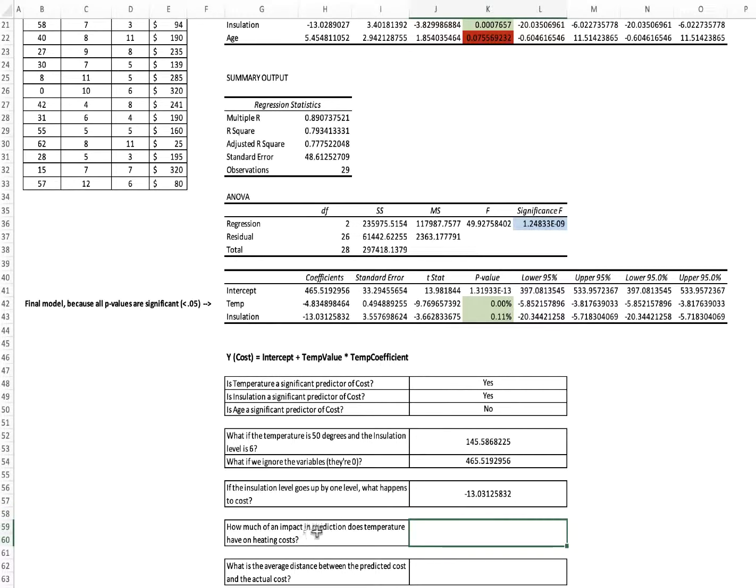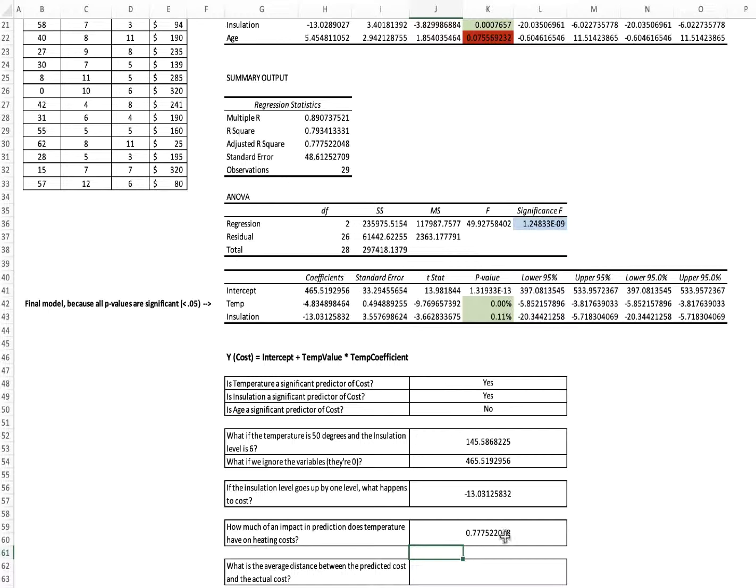Now, how much of an impact in prediction does temperature and insulation have? So do both variables together, how much do those have an impact on what the prediction is going to be? How closely can we use that to predict? And that is our adjusted R-square. When you're doing simple linear regression, you use R-square. When you have multiple variables, you use adjusted R-square.